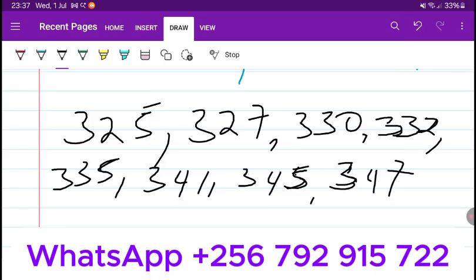Of course, I've given you these values arranged, just to simplify our work.